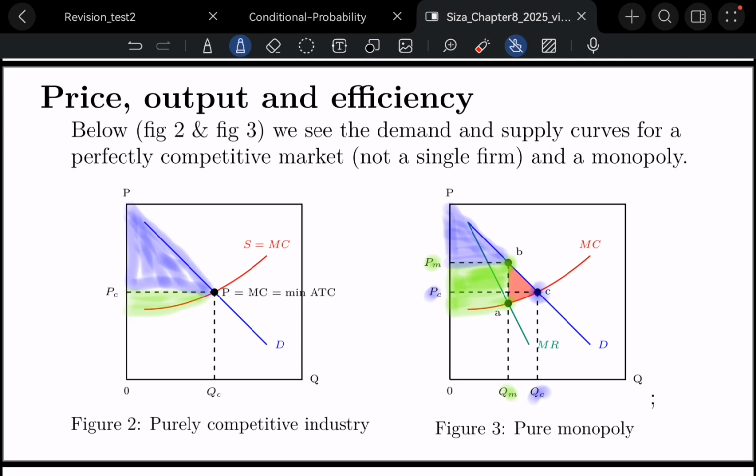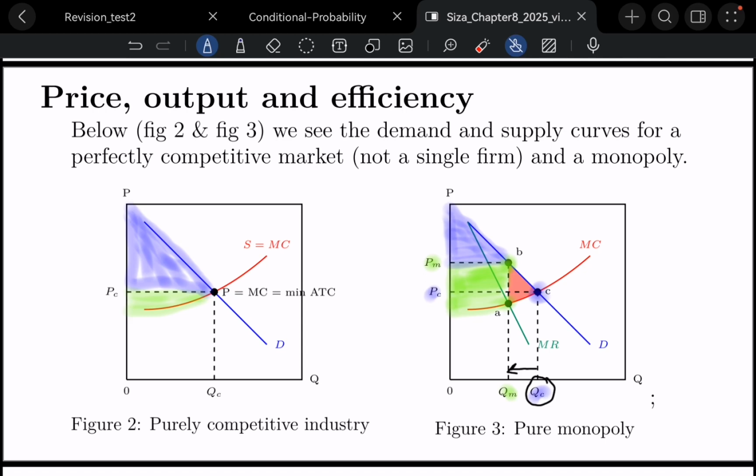Another very popular term you might hear is welfare losses. With welfare losses, we're talking about the quantity. You can see the quantity in a perfectly competitive market would have been high, and now it's become lower, right? So there's a reduction in welfare there because fewer people get to consume that product.